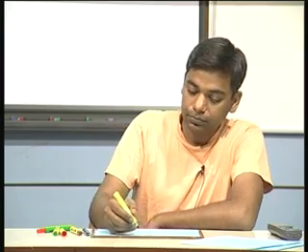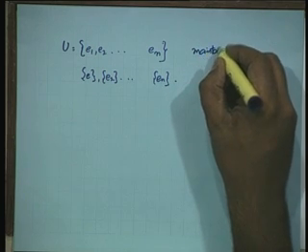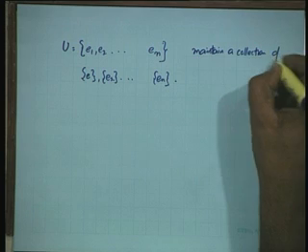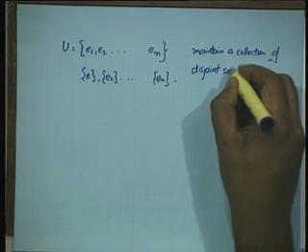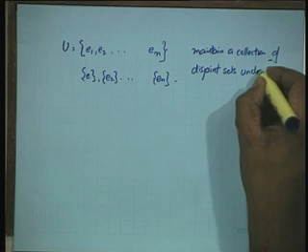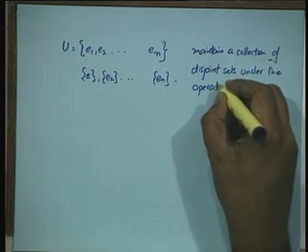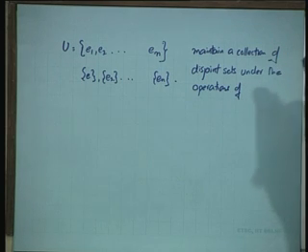Initially I have a collection of disjoint sets, and at each stage I am going to have a collection of disjoint sets. So, what we are trying to do is to maintain a collection of disjoint sets under the operations of, let us see what operations we are going to be doing on these disjoint sets.